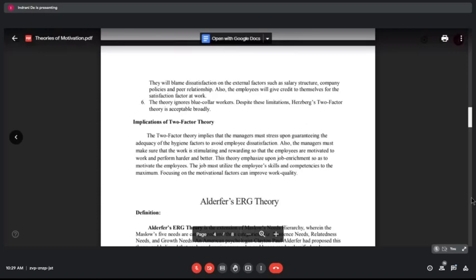When you are entering into the organization, initially you need the hygiene factors. Those are the basic requirements. So if you provide your employees those hygiene factors or basic requirements, you will be able to avoid employee dissatisfaction.